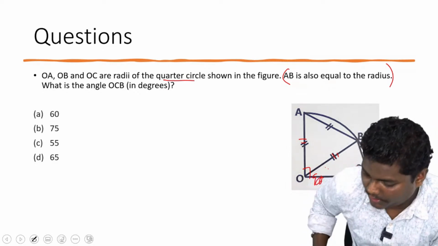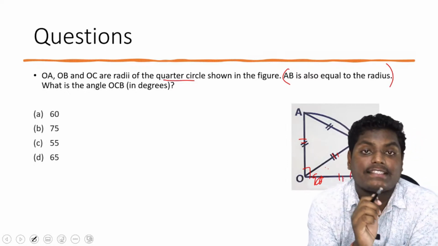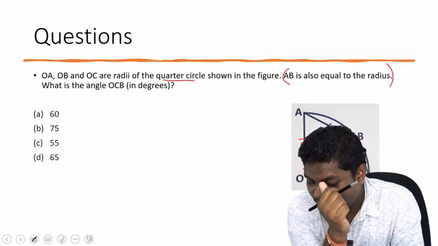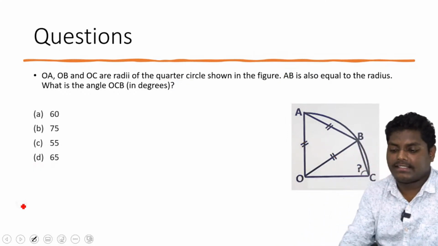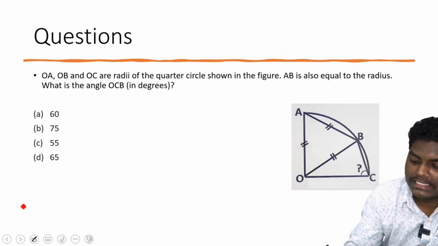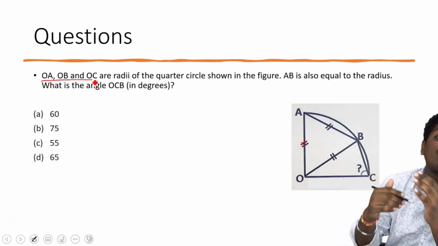I'll just solve it out. Great, Susmita. Susmita is saying 75, so let's understand this. I'll move aside and explain. We know what they have given: OA, OB and OC are radii, so all these will be equal.